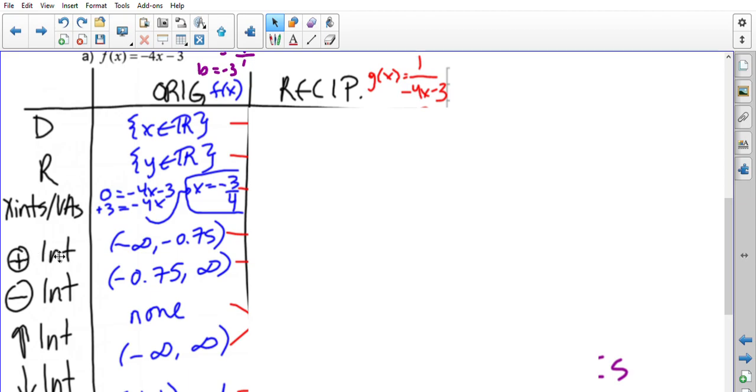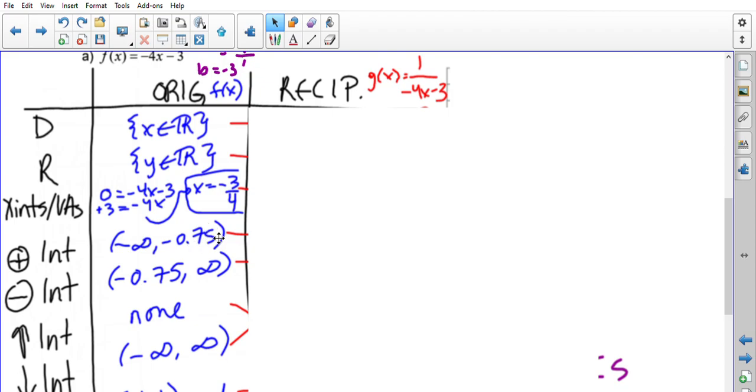All right, the positive intervals. Because this line is going down to the right, it's going to cross through at negative 3 over 4. That means it's going to be above the x-axis for everything before the x-intercept, so from negative infinity to negative 0.75.